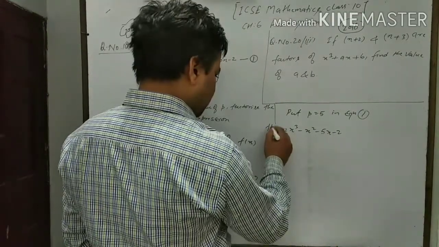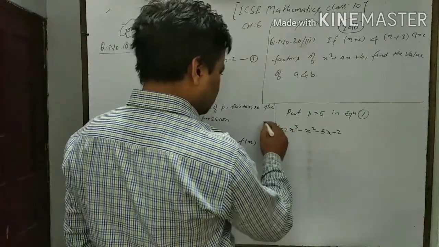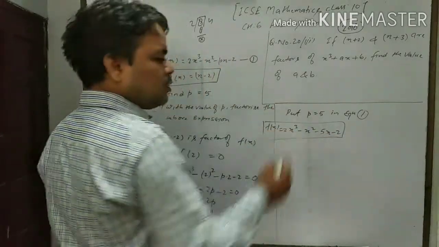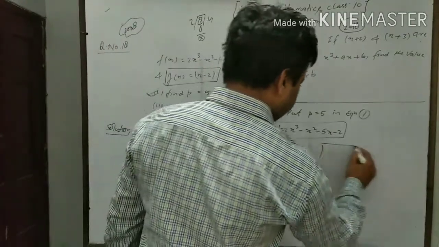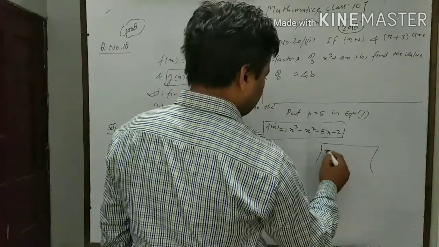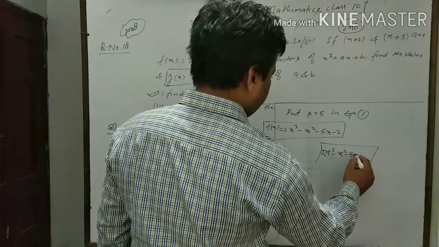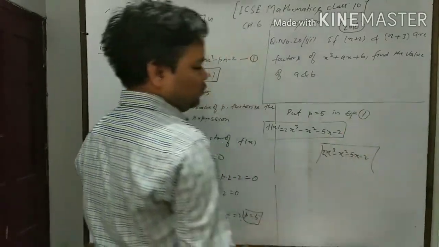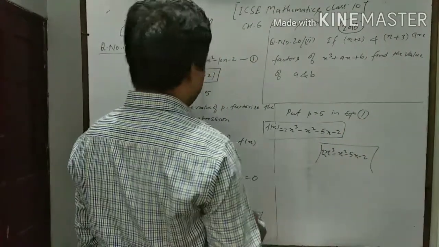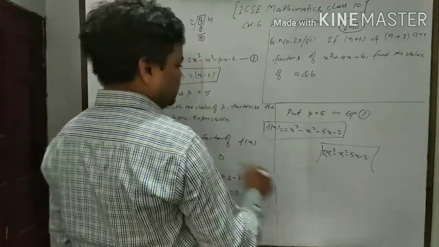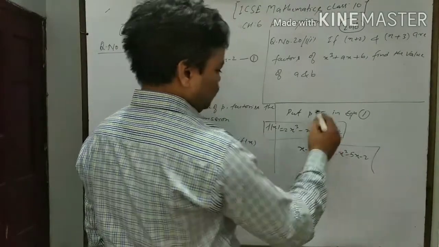Okay, here fx will be equal to this. Now what we do, we divide 2x cube minus x square minus 5x minus 2 by the divisor, that is x minus 2.